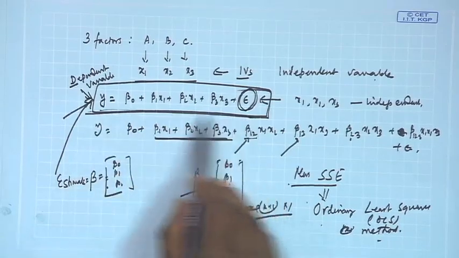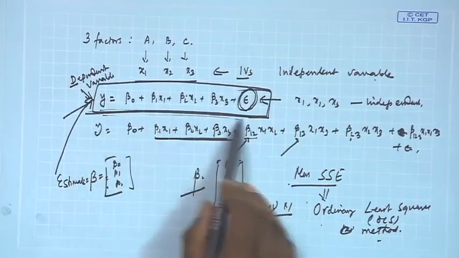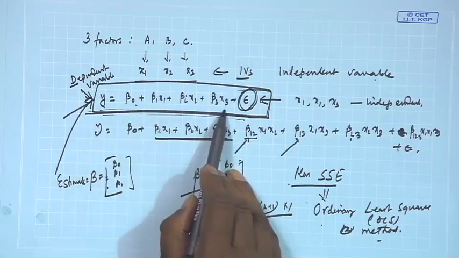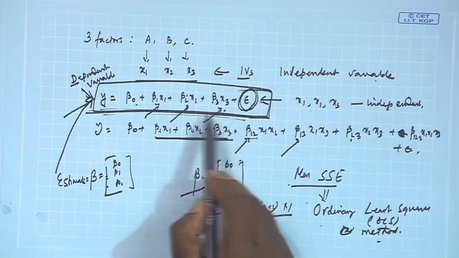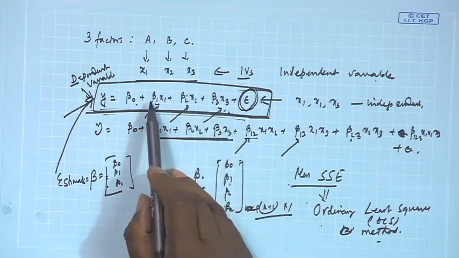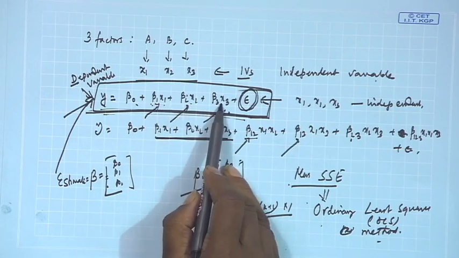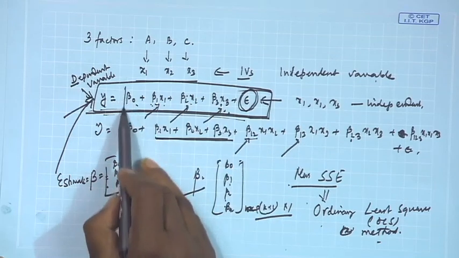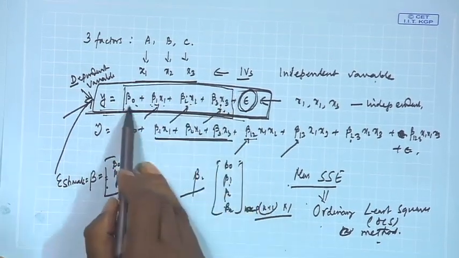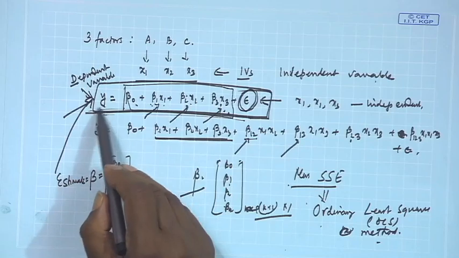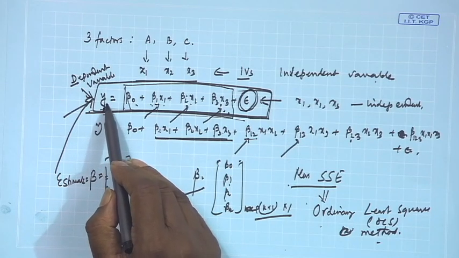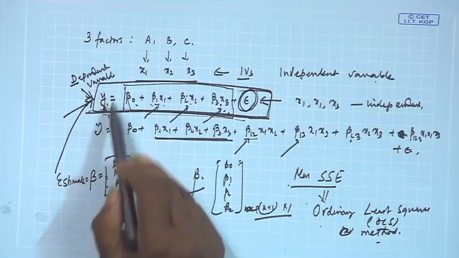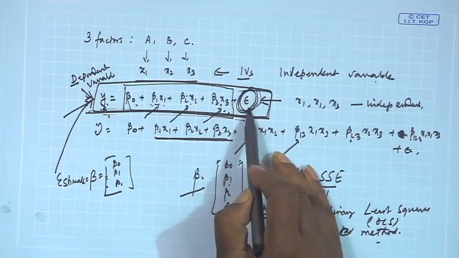If you see the linear equation here, y is a function of this, and importantly these x values are fixed values, and beta 0, beta 1, beta 2 are constant values. So, this portion is the fixed, pattern portion, but y is variable.